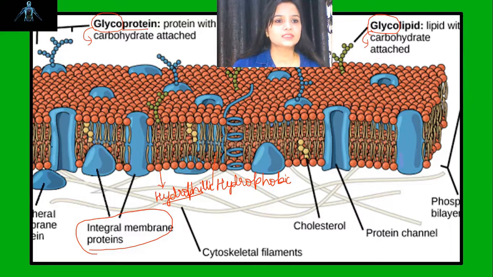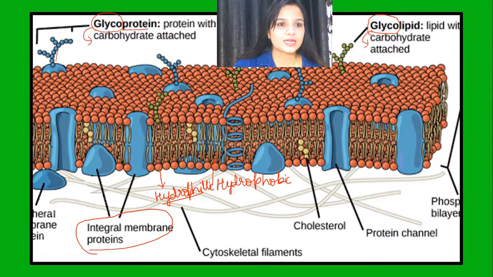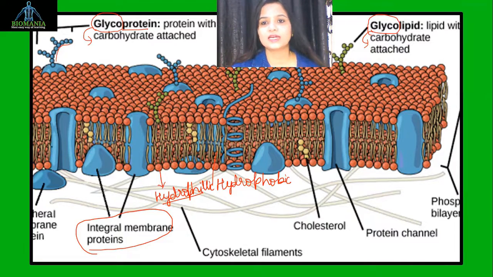Here you can see the glycoprotein chain, because that carbohydrate chain is bonding with the proteins, and that is the lipid region inside, and that carbohydrate chain is forming bonds with that lipid, so that is the glycolipid. Here I think this thing is clear to you. Here you can see the cholesterols, they are also present.